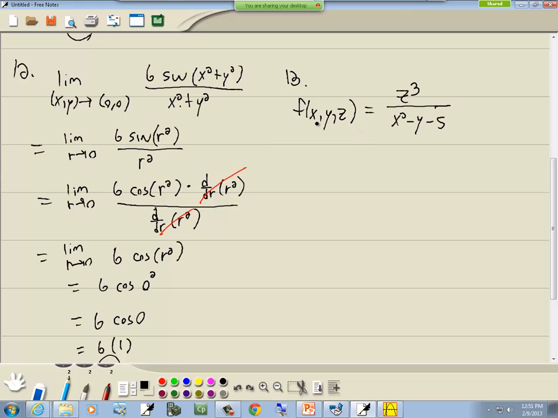Well, instead of doing 3 dimensions, we're talking about 4 dimensions here. But it's still the same idea. When we've got a fraction, we can't have the denominator equal to 0. So let's go ahead and set it equal to 0. So we've got x squared minus y minus 5 equal to 0. Take the negative 5 over, and basically x squared minus y cannot equal 5.